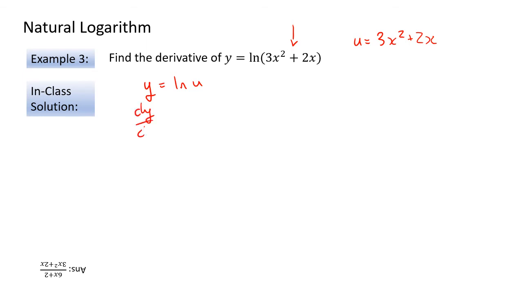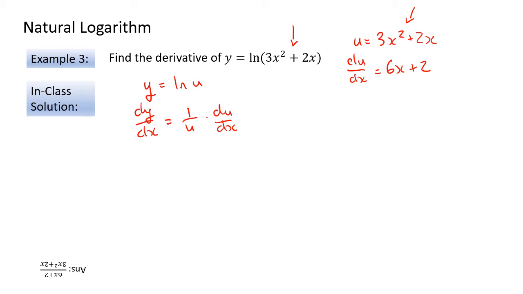So dy by dx is equal to 1 over u times du by dx. So we have u. Du by dx is simply 6x plus 2, taking the derivative of those two functions here.